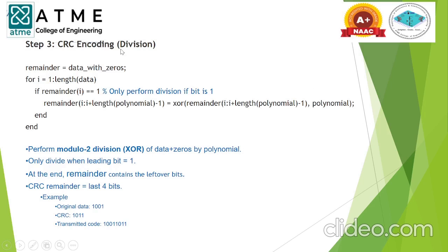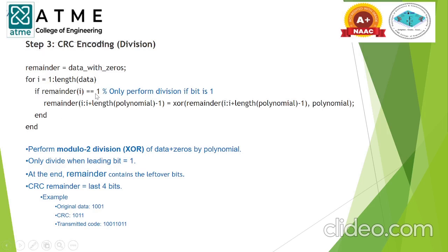Next is the CRC encoding division. So the division part is done here. We will have the remainder at the end, and for the length, it is a recursive division, and multiplication and XORing operation will be done. For that, this is the looping which will be given.